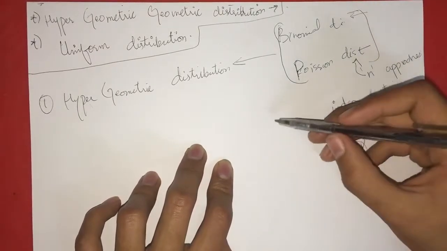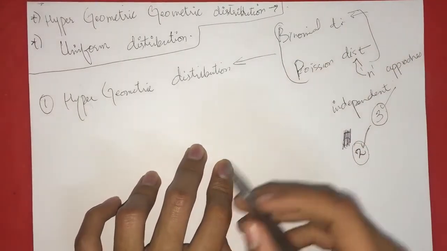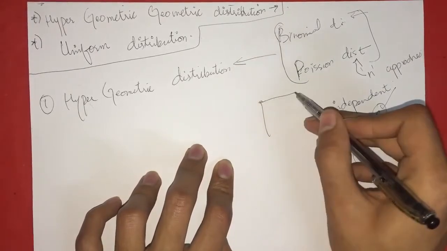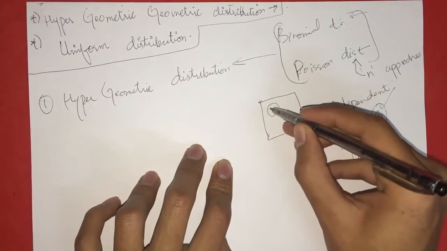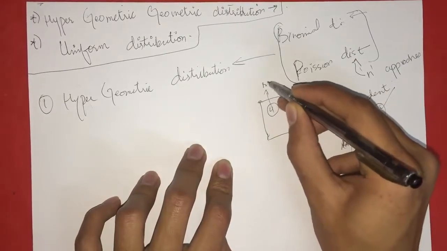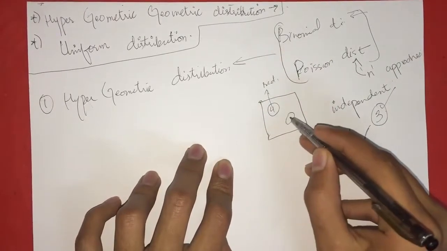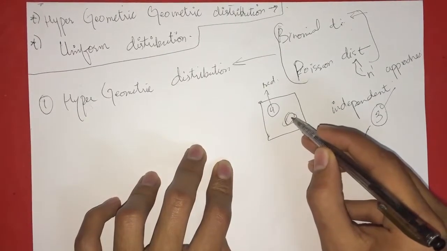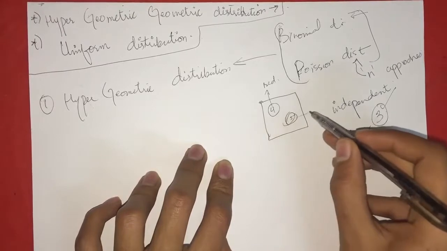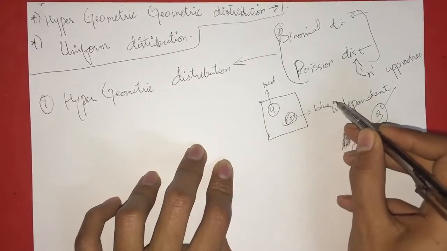But for example, if I say that I have a box, and I have four red socks, and I have five blue socks.